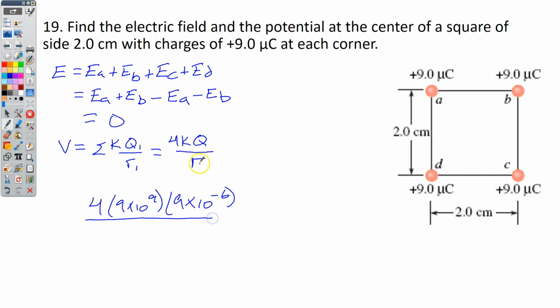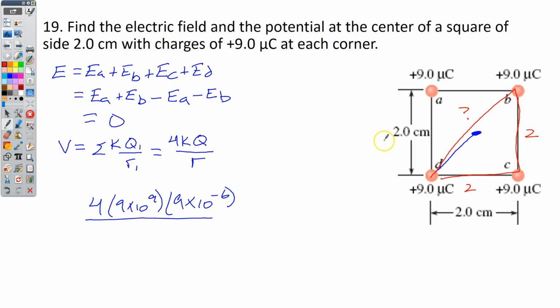Now we need to put in our r distance. So our r distance would be from the point here to here. Let's do it on a bigger scale and then just divide by 2. I'm going to do this in red. I've got this big triangle here, and I have 2 on this side, 2 on this side.